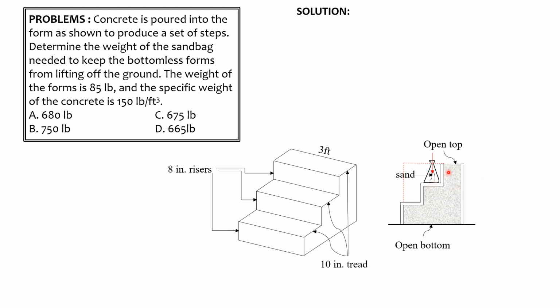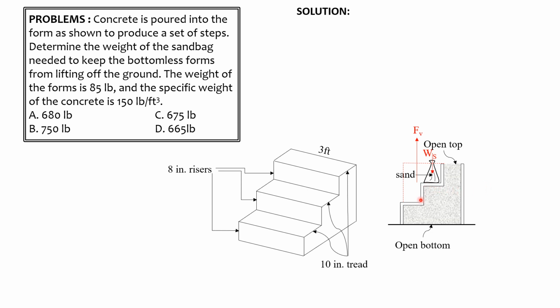So we have the weight of the sandbag that is unknown. Then we have an upward force equal to specific weight of concrete times volume inside this imaginary space. So we call that FV.